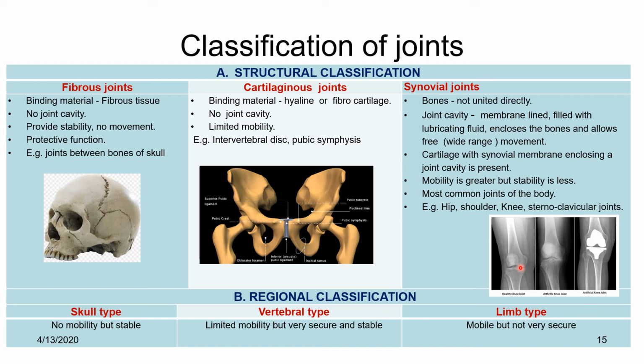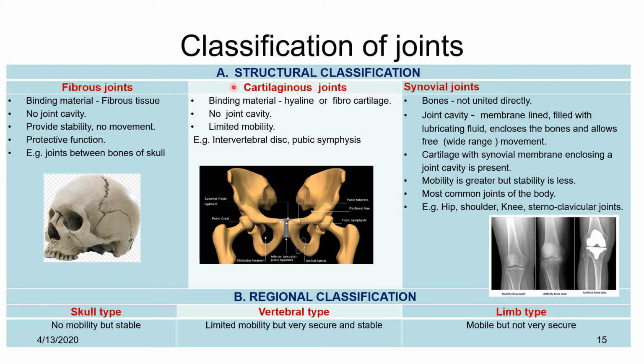Examples of synovial joints are the hip joint, shoulder joint and knee joint, the image of which you are seeing. You are seeing the joint cavity between the articulating bones. The other example of synovial joints is the sternoclavicular joint.